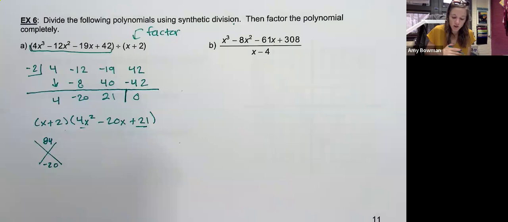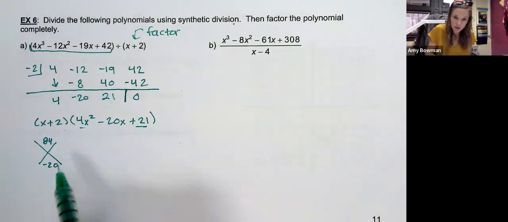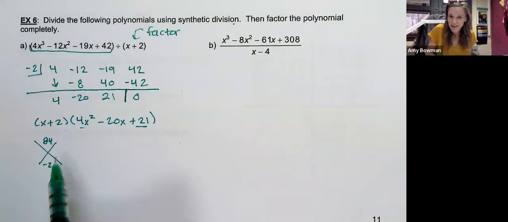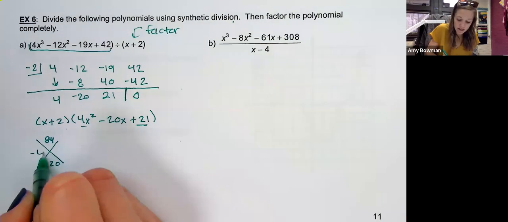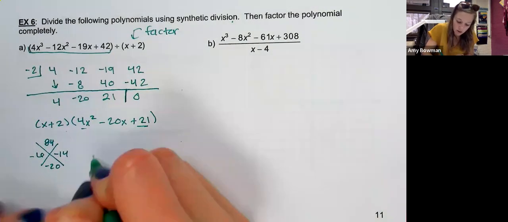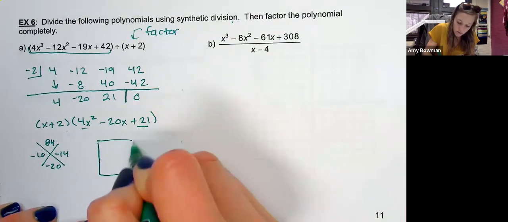With a little bit of trial and error, guessing and checking, you would hopefully come to the conclusion that 6 and 14 multiply to 84. If I want those to add to -20, -6 and -14 would have a positive product and add to -20.